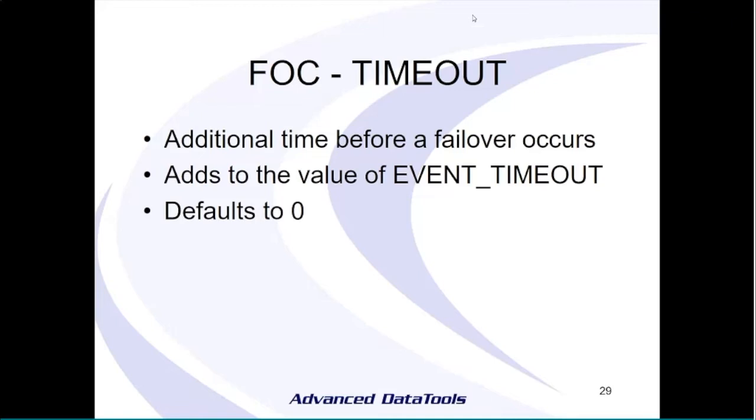It defaults to 0. It all depends on your network whether you want to set this or you need to set a higher value. In most cases, you'll just leave it at 0 and use the master event timeout to define it, but every place may be a little different.